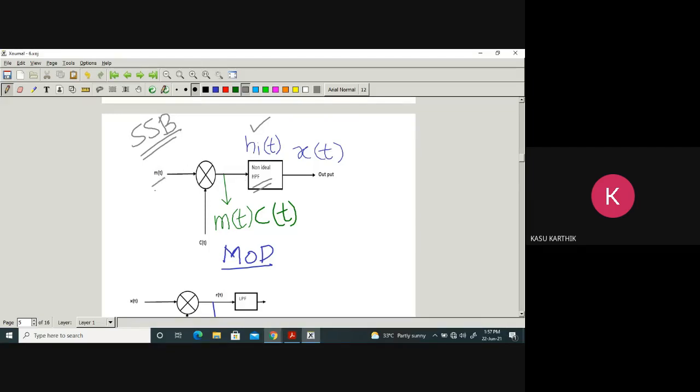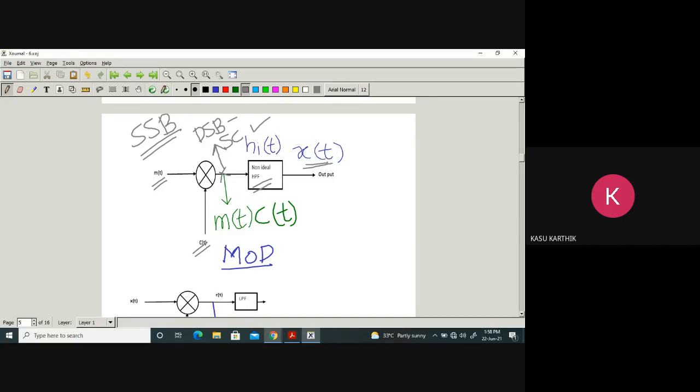I am multiplying m of t with c of t. At this point, you get DSBSC. After getting DSBSC, we are passing it through a non-ideal high pass filter. Then you get x of t.